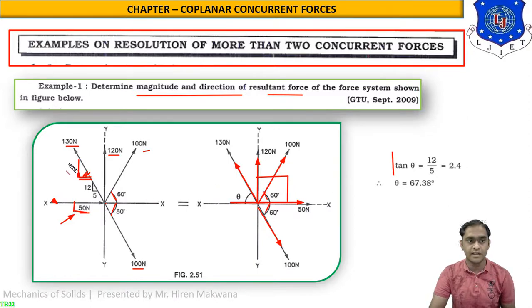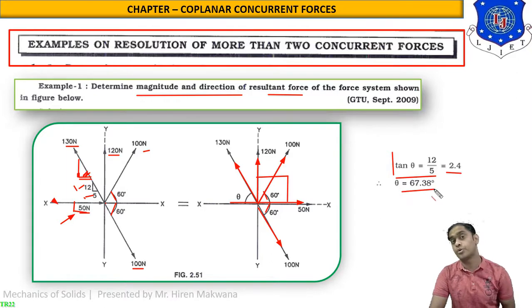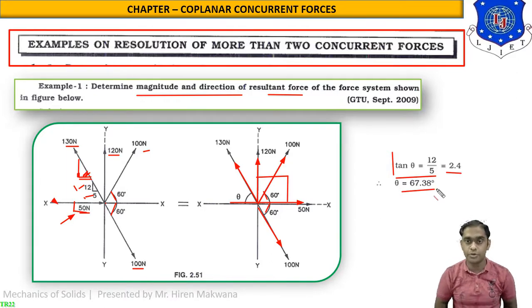The opposite of theta is 12 and the adjacent side is 5, so tan theta is equal to 12 by 5. With the help of a calculator, it gives 2.4. If you do tan inverse of the value, you will get theta equal to 67.38 degree. So this theta will be 67.38 degree in the simplified figure. This right side figure is the simplified figure for our calculation.